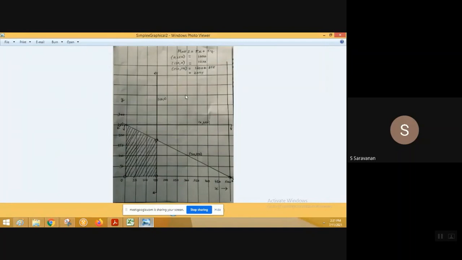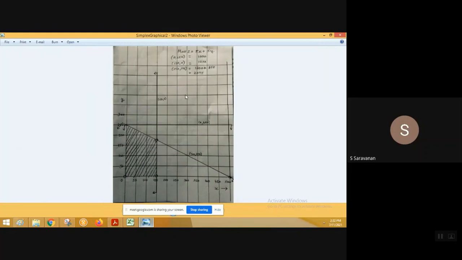I think you can easily understand which is going to be easier: going with the graphical method or going with the iteration method. That day we discussed that iteration problem for nearly 1 hour. The same problem can possibly be solved in 5 minutes graphically, but the most important thing is you should have only 2 variables.